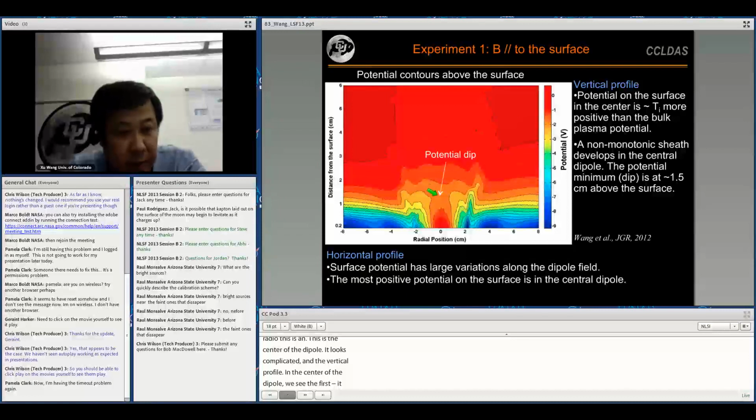And there's also a potential minimum, called a potential dip, at about 1/2 centimeters above the surface. Horizontally, the potential on the surface varies a lot along the dipole field, and the most positive potential is at the center of the dipole.